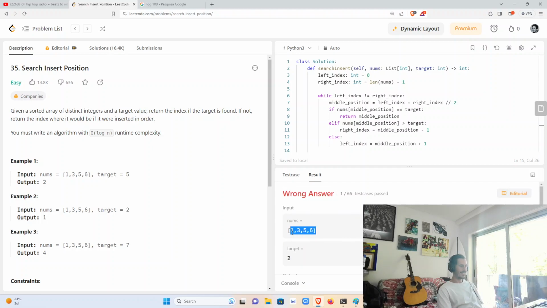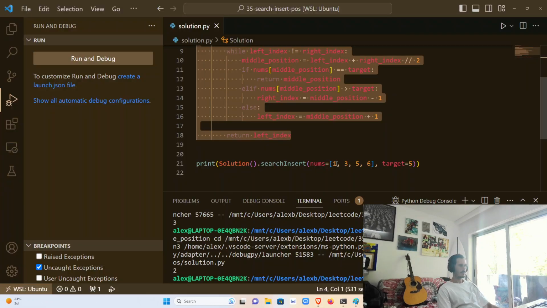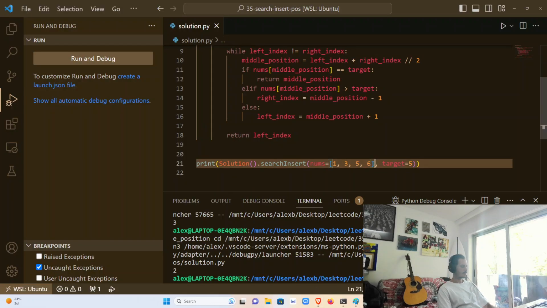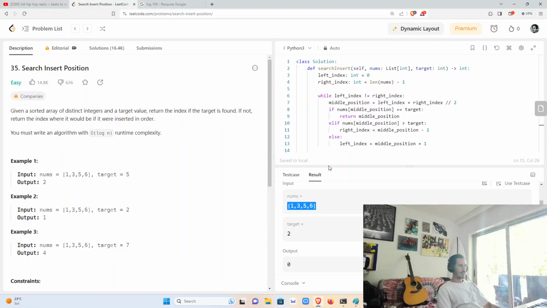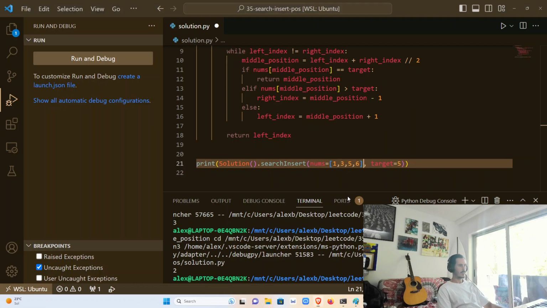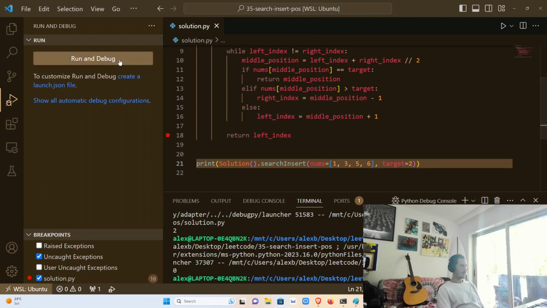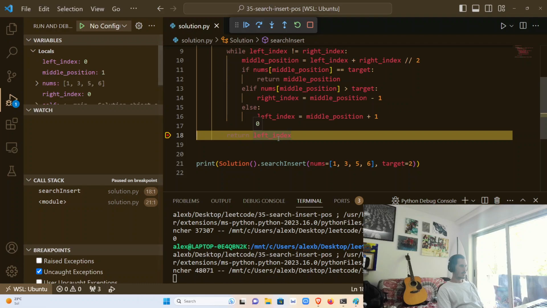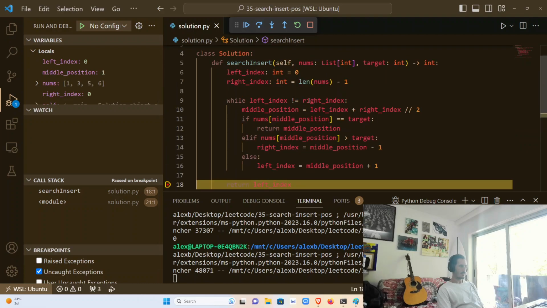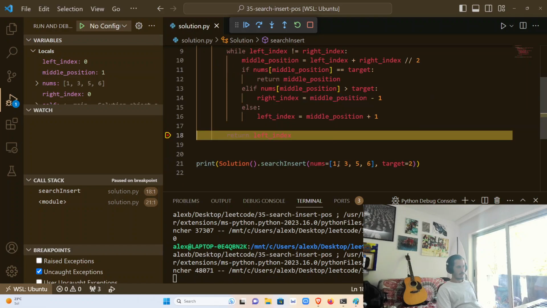Failed on the first one. Output 0. Hmm. Target is 2. Left index is 0. Right index must also be 0. Yeah. Okay, where did it go wrong?